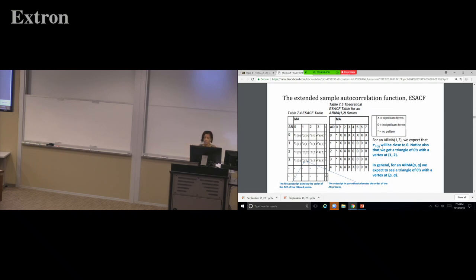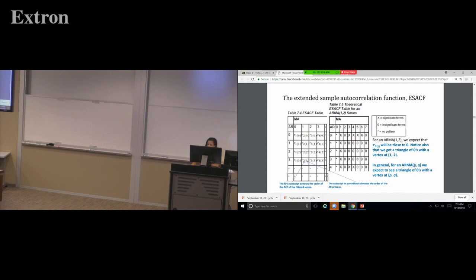That's the part we're looking for. And so we're going to look for the first opportunity where we get a triangle of insignificant values. That vertex is going to be the starting point of our extended sample autocorrelation function of where we're going with our P's and our Q's.